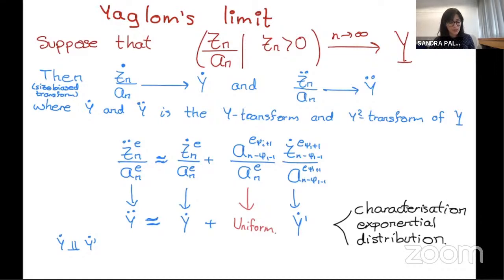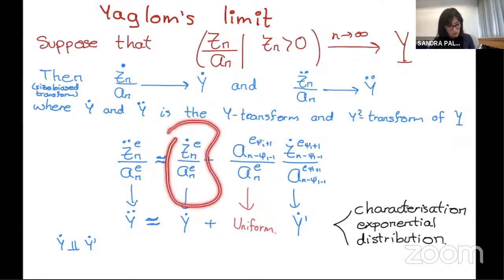So what happens with the decomposition that we already obtained? We have that Z double dot was equal to Z_n dot plus this Z_{n-C1} dot. Then we divide by a_n of e, and we know that the first term converges to Y double dot.